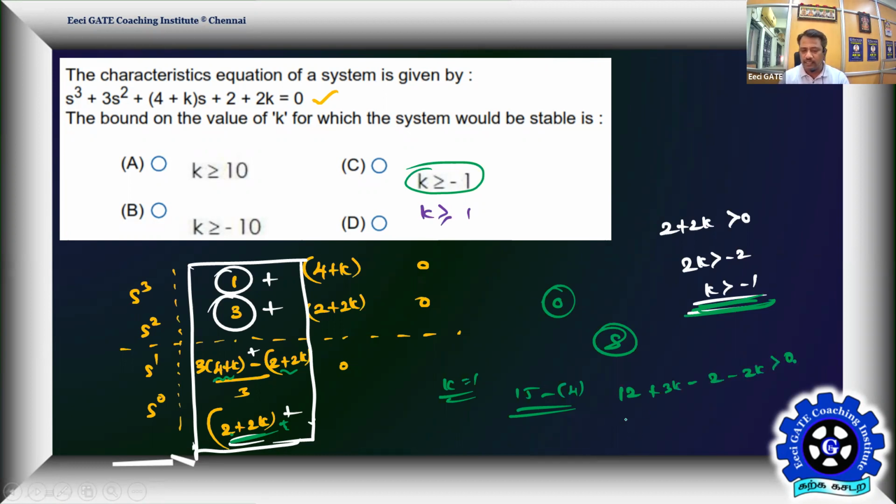I thought it is second order, but it's simple only. So it's 10 plus k greater than 0. That means k greater than minus 10.